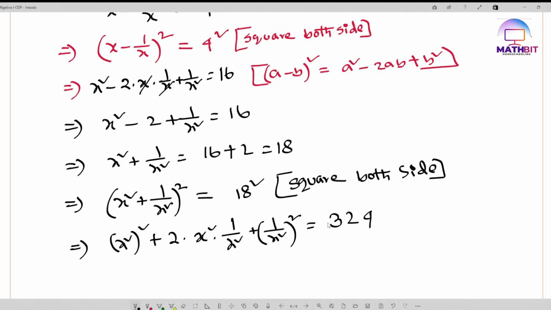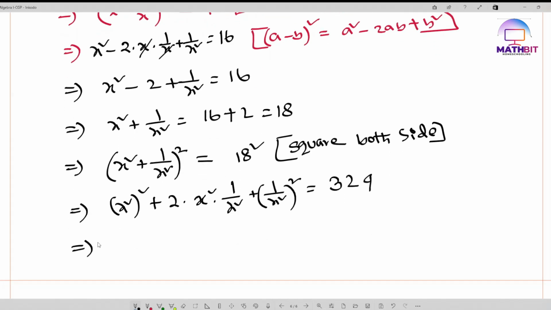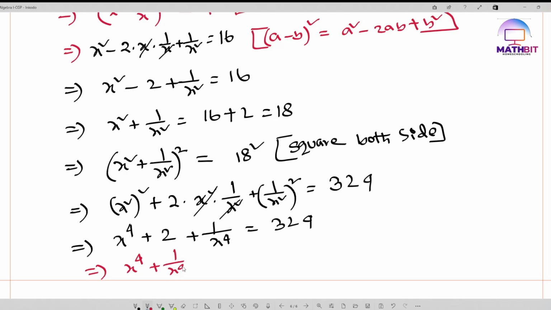We can use a calculator. Now look, here is x to the power 4 plus 2 plus 1 by x to the power 4 equals 324. So x to the power 4 plus 1 by x to the power 4 equals 324 minus 2, so here is 322, right?